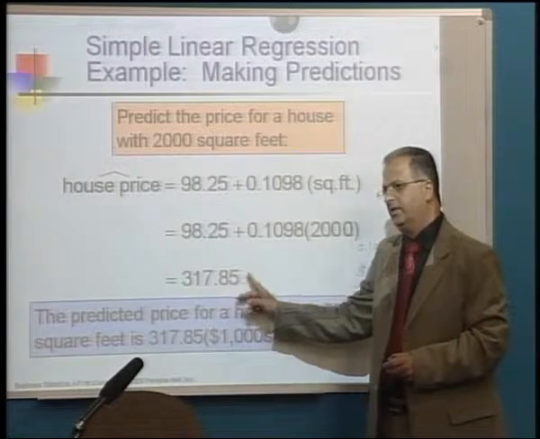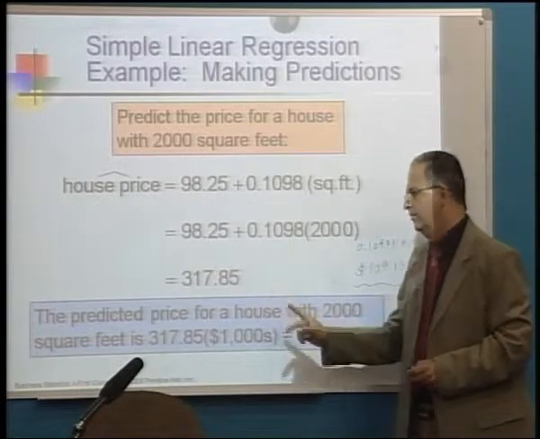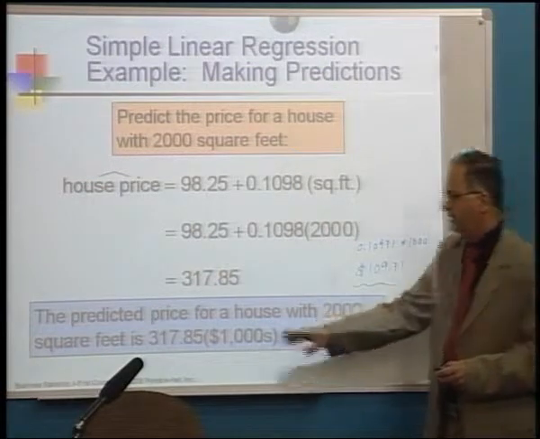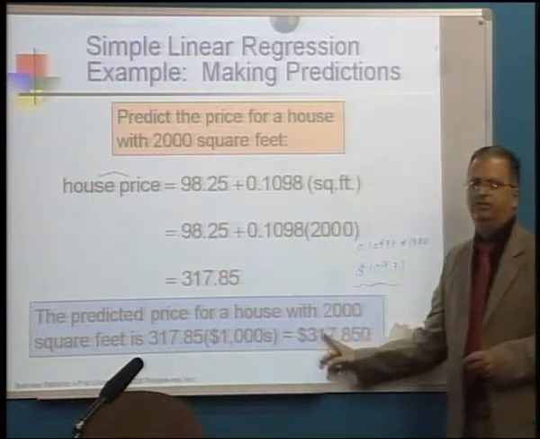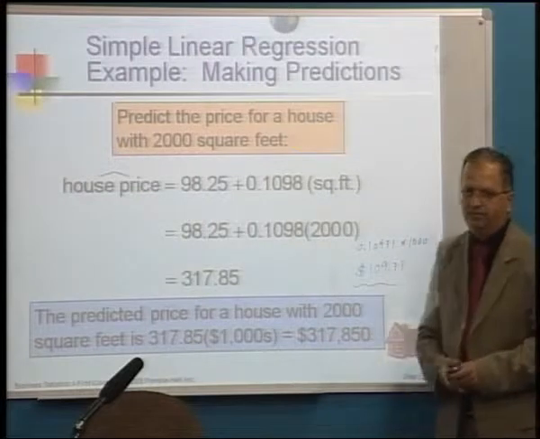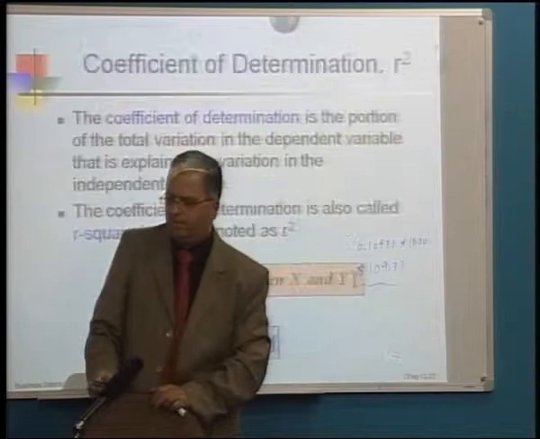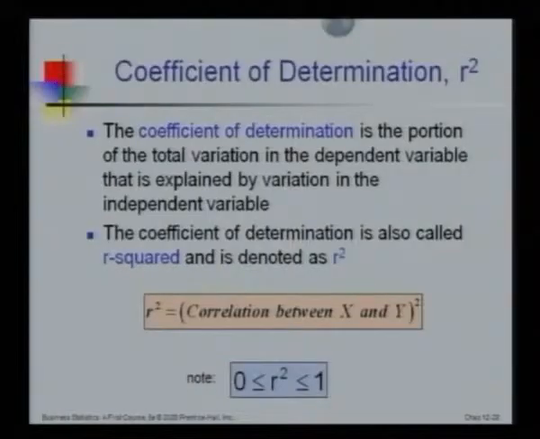This value should be multiplied by 1,000. So the predicted price for a house with 2,000 square feet is around $317,850. That's the prediction for the selling price.